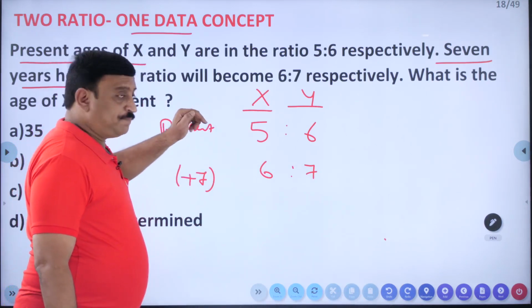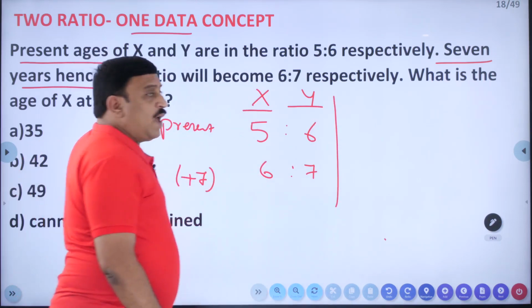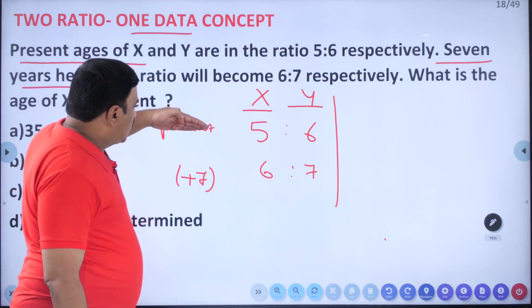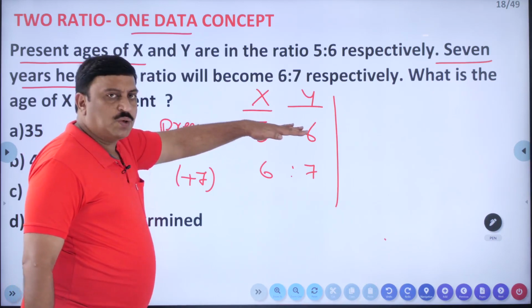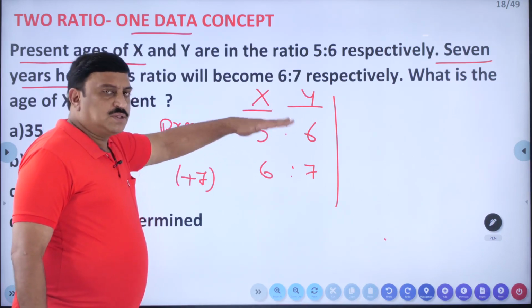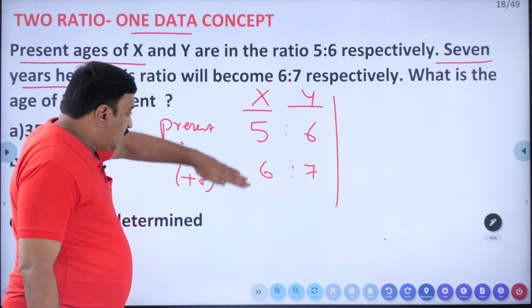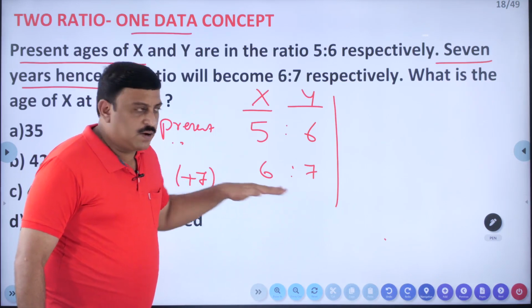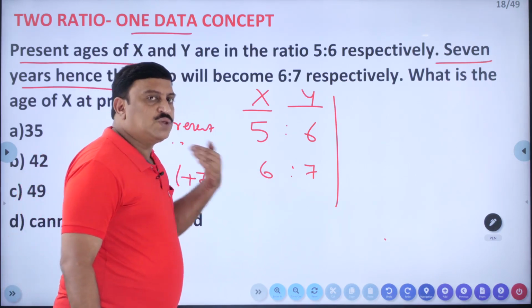For this, first of all, I said we have to equate these two ratios. Actually, from the present, if I add 7 years to both of their ages, we will get this ratio, is it not? So in the same way, we will try this with an equation, that means using the x method.